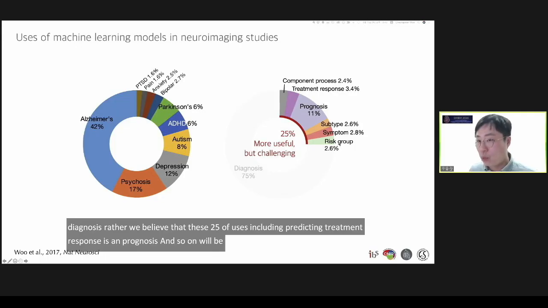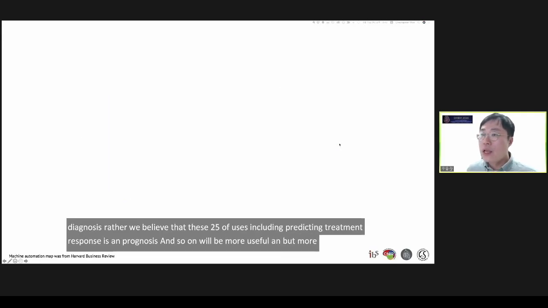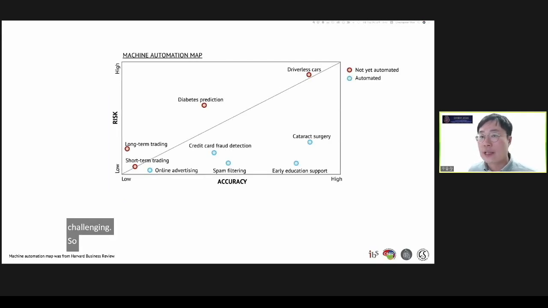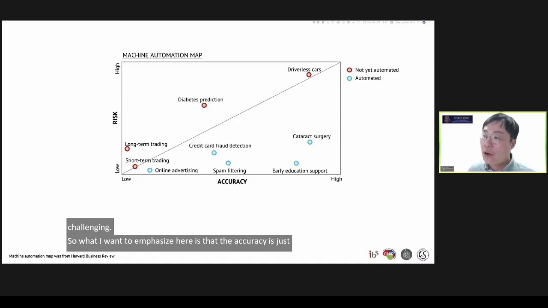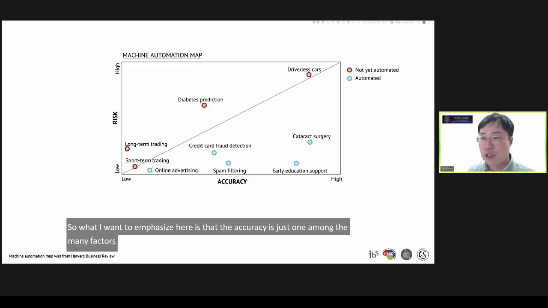useful and more challenging. So what I want to emphasize here is that accuracy is just one among the many factors that can influence machine automation or clinical translation.